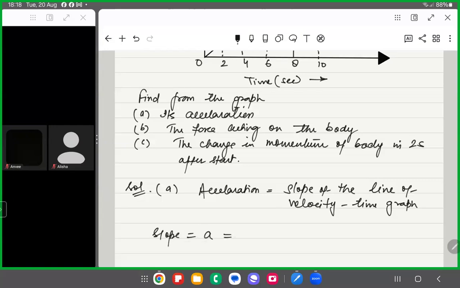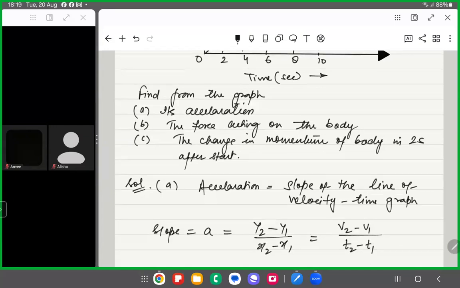What is the formula for finding the slope? y2 minus y1 upon x2 minus x1. Now, what is y and x? y2, y1 are the two values on the y-axis, whatever physical quantity you have taken on the y-axis, and x2 minus x1 means whatever physical quantity you are taking on the x-axis. That means here, since this is a velocity time graph, this will be v2 minus v1 upon t2 minus t1. This will give you the slope.